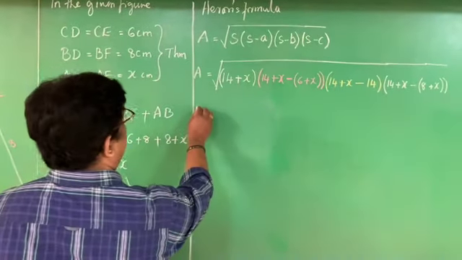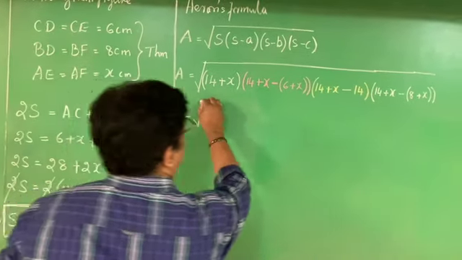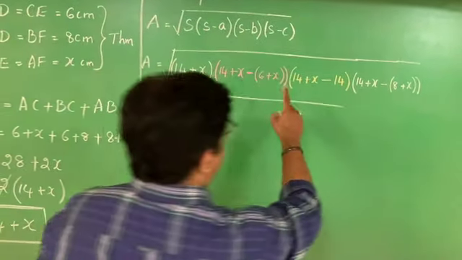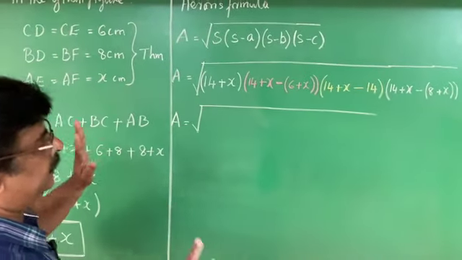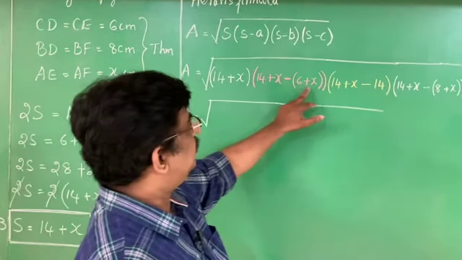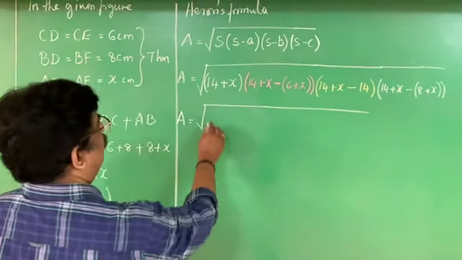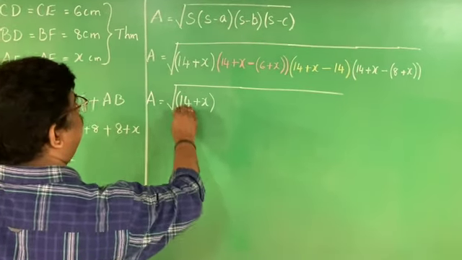Now, I remove the brackets. Where there are two brackets, I remove them. I don't do anything else other than that. If a single bracket is there, I don't remove it. If a double bracket is there, I remove it. 14 plus x, single bracket.